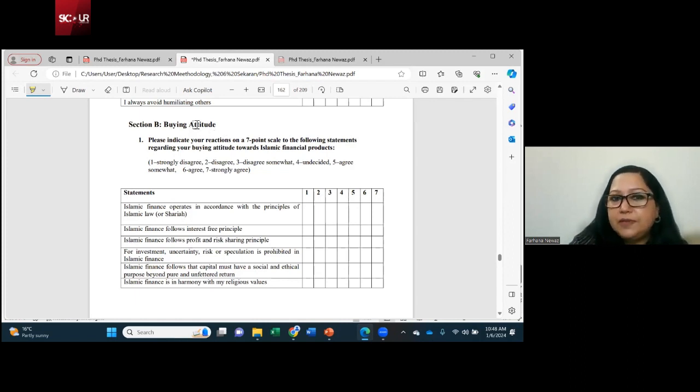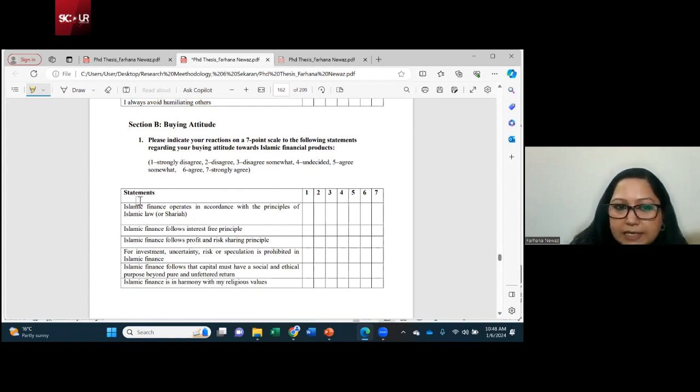2006. So this author Moklis actually developed a scale to measure the buying attitude. This buying attitude can be for any product. Moklis developed his measurement scale for buying attitude towards Islamic banking service.